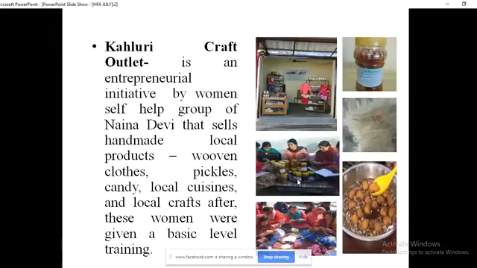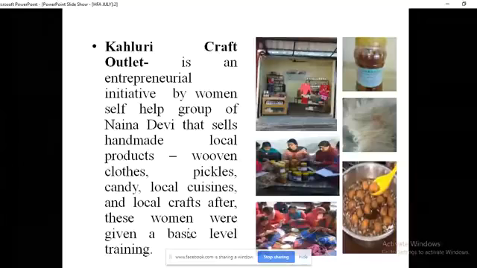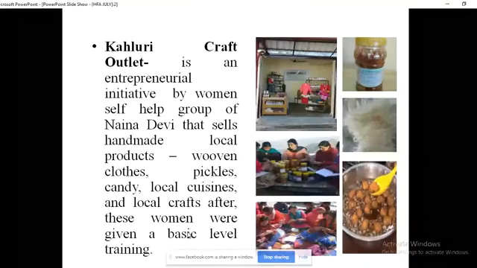These are some examples of how the community has revived their culture, revived their identity, and is also earning. So this kind of entrepreneurial startup is required, which will lead to community development. Kahluri Craft Outlet is an example. Actually, the word Kahluri is the old name of the place.